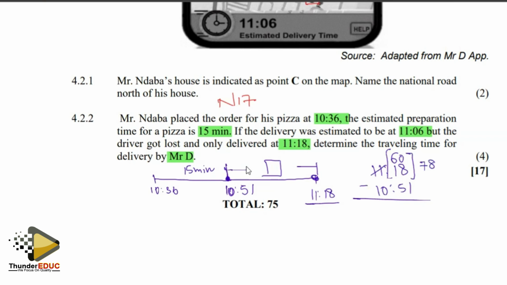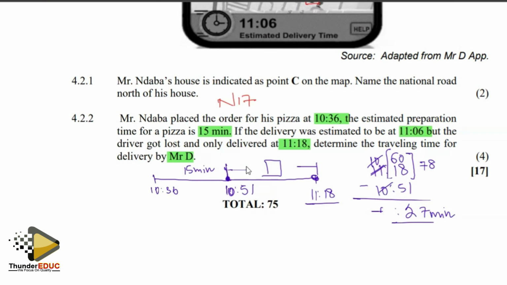Now 78 can subtract 51. 78 minus 51, you have 27. Definitely here, if you borrow 1 hour from 11, you remain with the 10. 10 minus 10, you get nothing. So how long was it? 27 minutes. Now they are saying determine the traveling time for the delivery man.